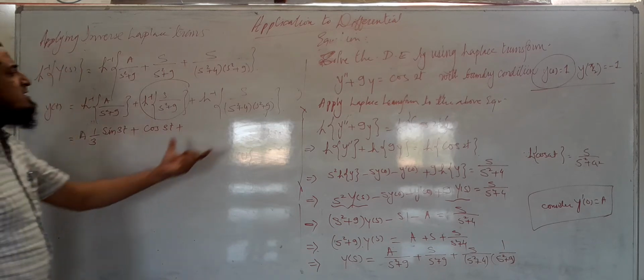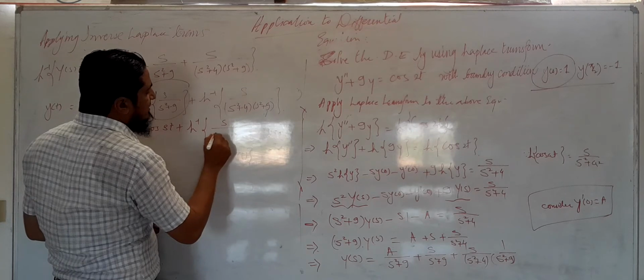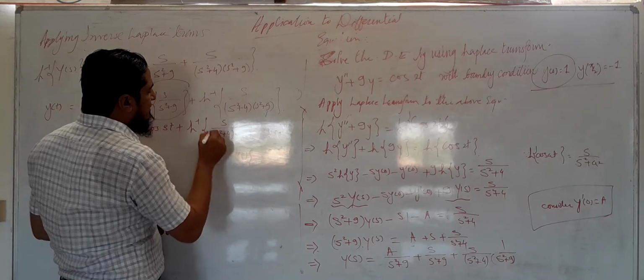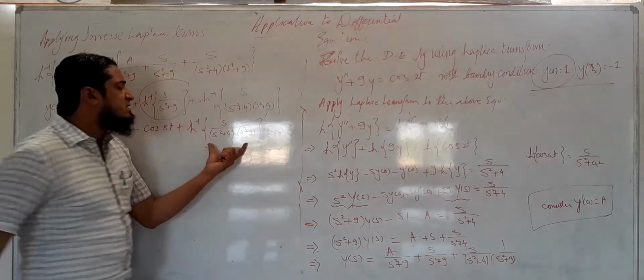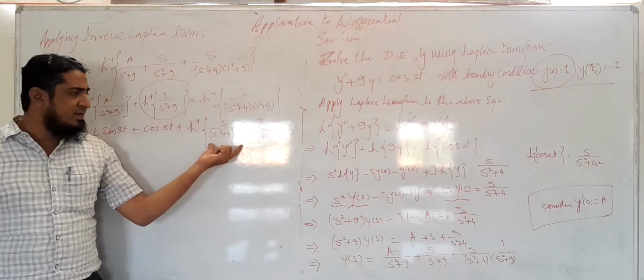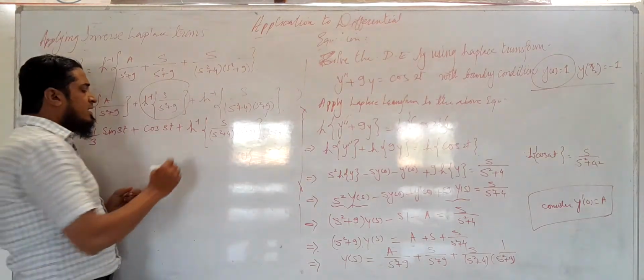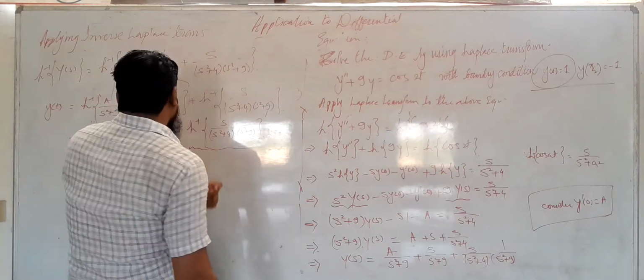And this expression is the inverse Laplace transform of s upon (s square plus 4)(s square plus 9). This is a function which has two functions in multiplication, so we can't directly find the solution of this expression.